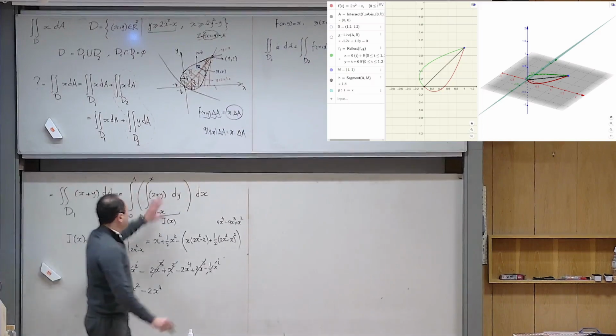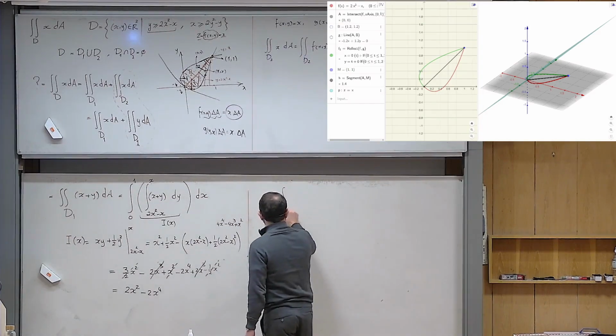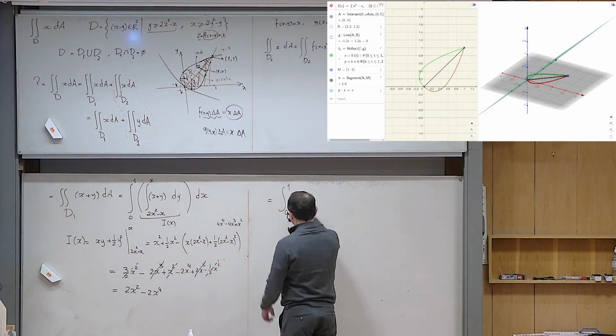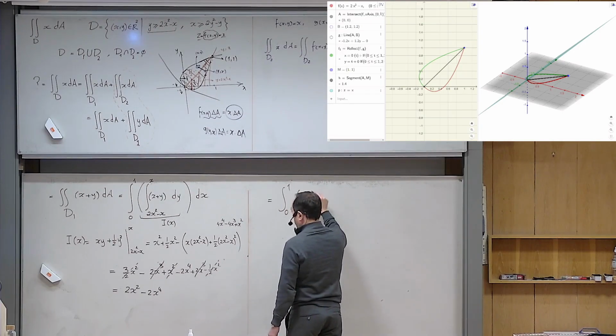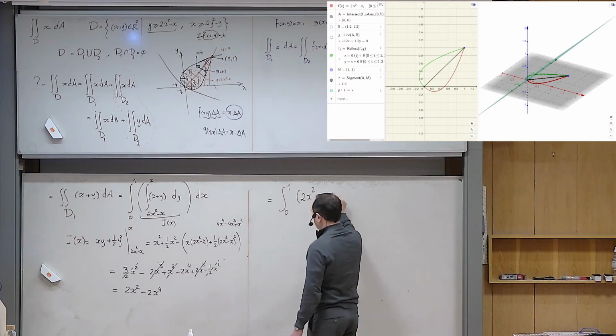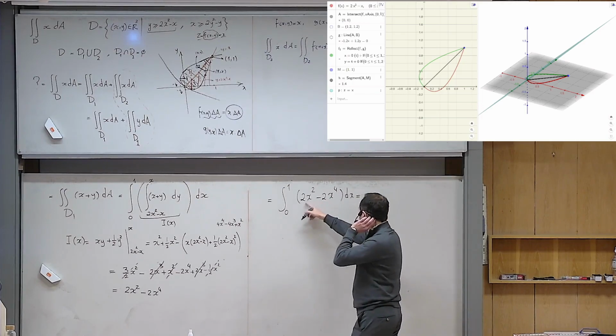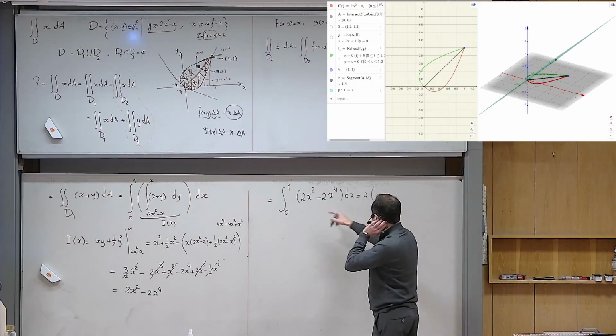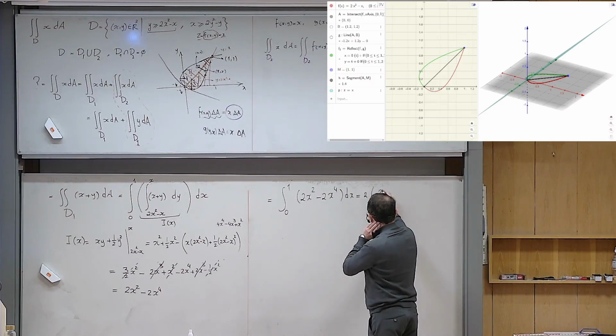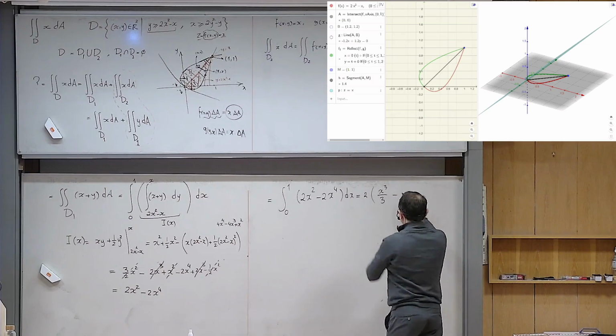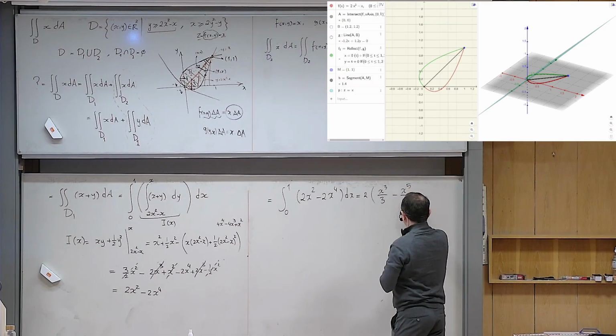But then I put it here, it becomes the integral from 0 to 1 of 2x squared minus 2x to the 4th dx. So I can factor a 2 out, and then the integral of that one is x to the power of 3 divided by 3, minus the integral of that one, x to the power of 5 divided by 5.